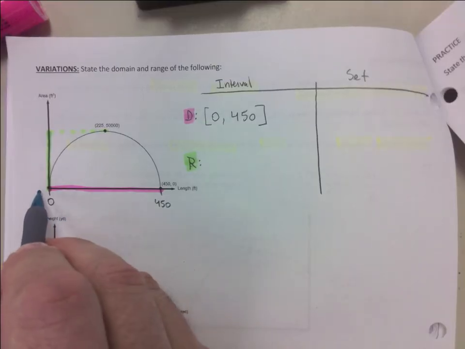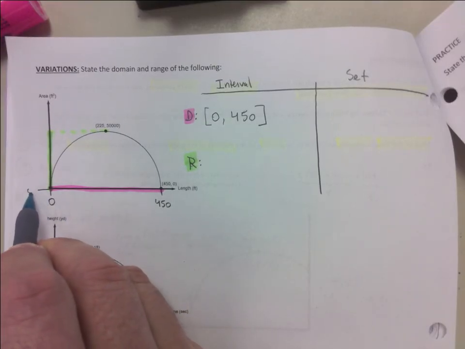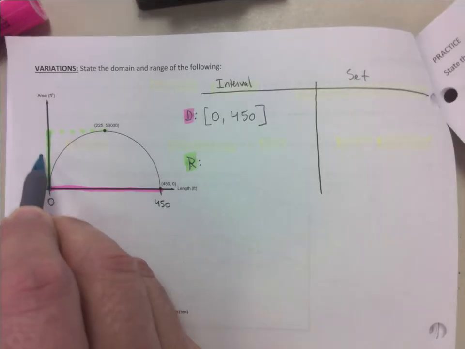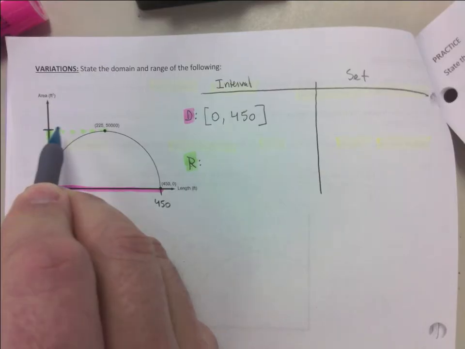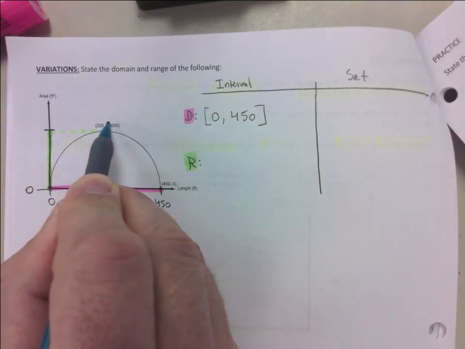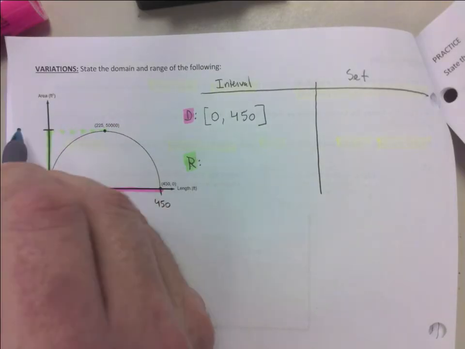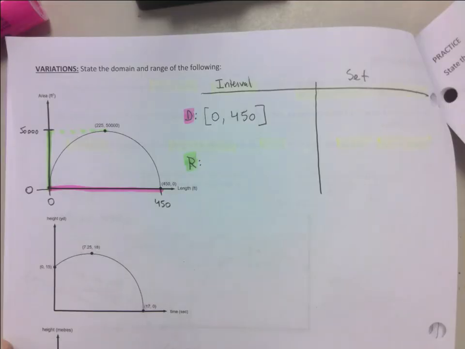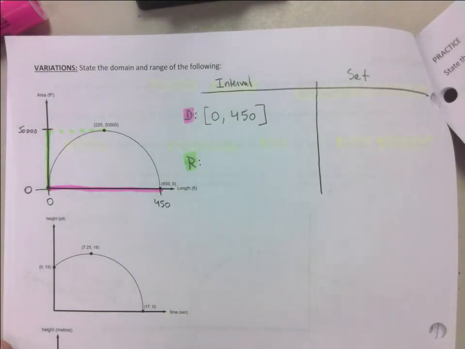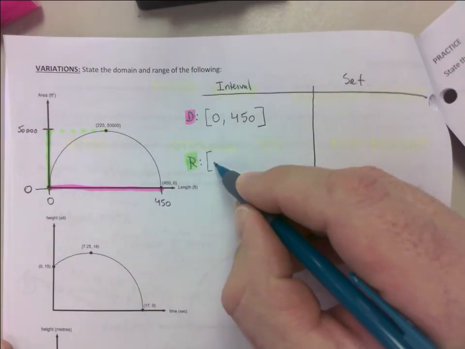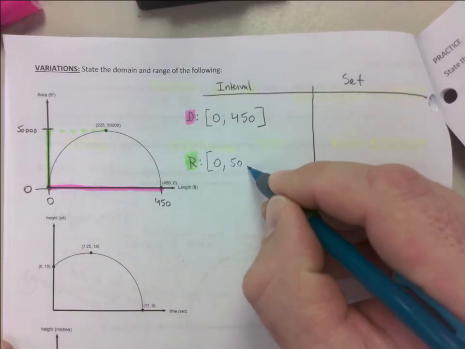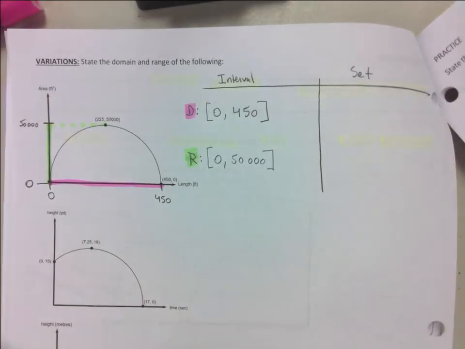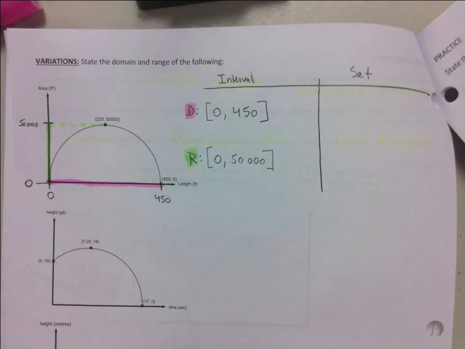So go to your graph and say, in terms of the y, it starts at 0, and it goes as high as 50,000. You see that? That's the 50,000 mark in terms of the y values. So for range, it goes from 0 to 50,000. Boom, you got your range. I love interval notation. It's so much easier for me. So I tend to answer in interval most of the time.